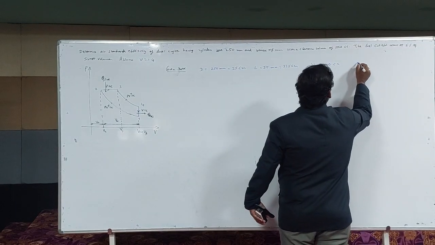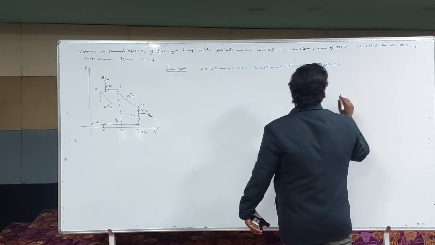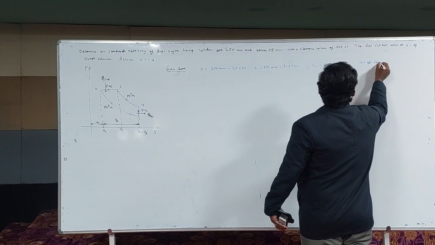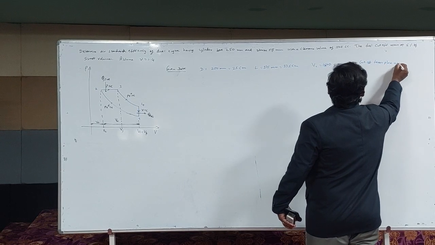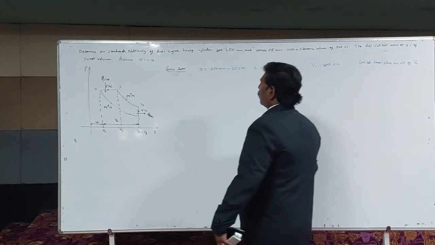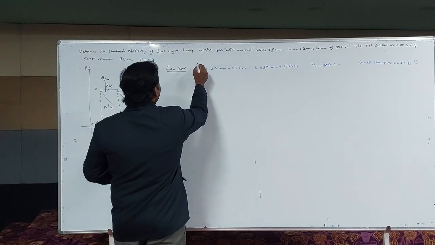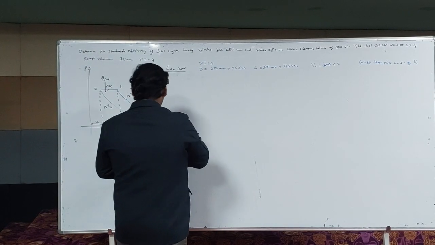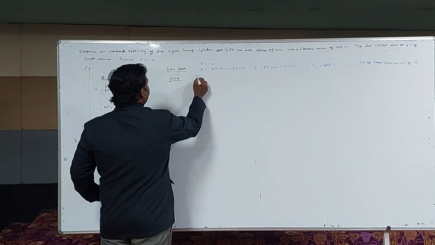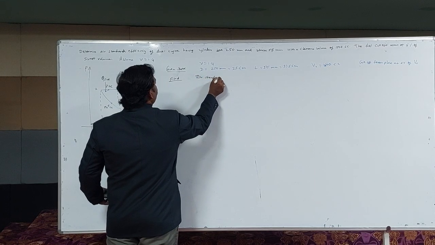The fuel cutoff takes place at 5% of the swept volume. Gamma is equal to 1.4, it is given, and we have to find out the thermal efficiency or air standard efficiency.